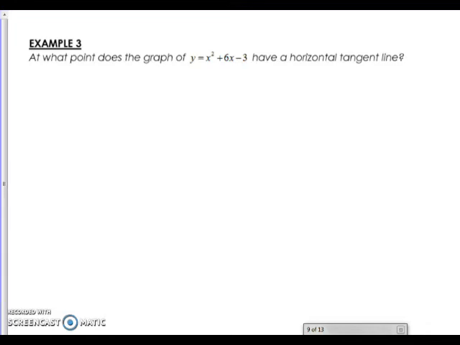Okay? So again, part of the hard part in calculus is figuring out what they are even asking, right? So if they ask you for a horizontal tangent line, which sometimes I'll abbreviate just like that, they're asking you to take your derivative and set it equal to 0. So first we take our derivative. The derivative is going to be 2x plus 6.